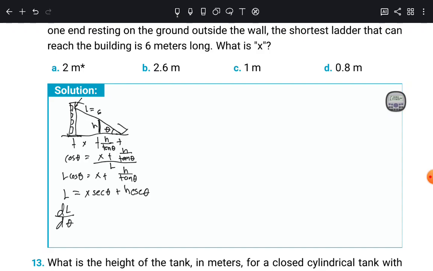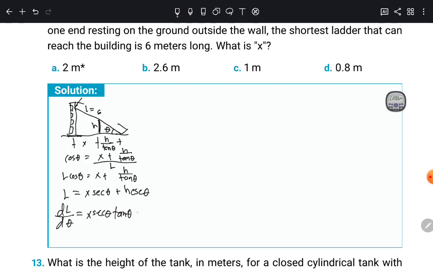If we assume that it's not given, then this will be our method. And x will be a constant. That's the distance from the building to the wall, h. So if we take that as a constant, then this will become x secant theta. Derivative of secant theta is secant theta tangent theta.